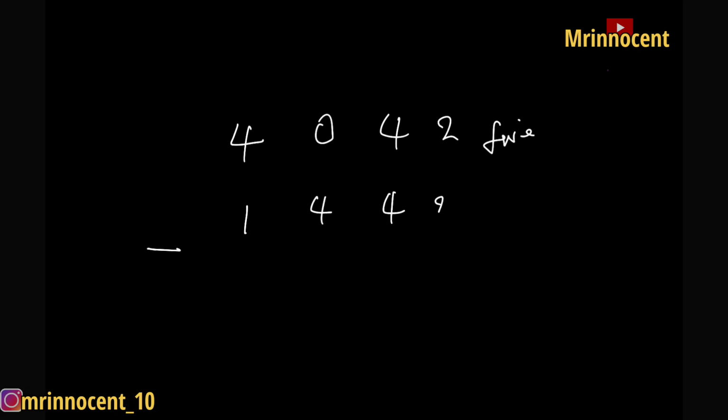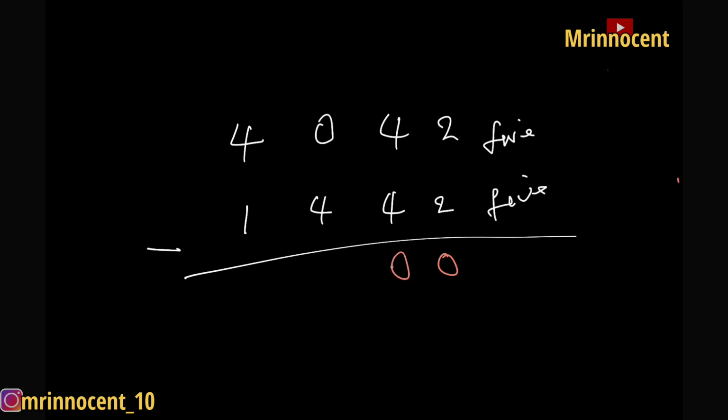Let's look at another example. So you have 4, 0, 4, 2 in base 5 minus 1, 4, 4, 2 base 5. 2 minus 2 is 0. 4 minus 4 is 0. 0 minus 4, cannot.